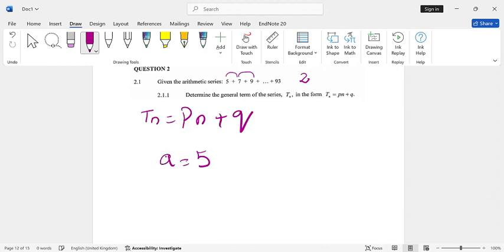So as you know, the formula of Tn: we have the value of A is 5.